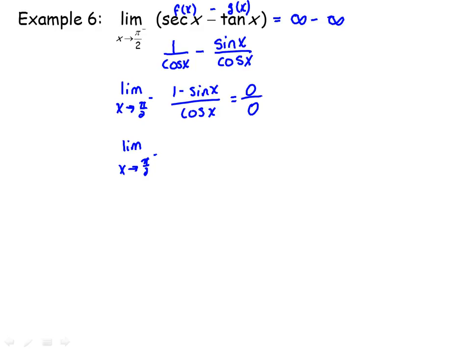The derivative of 1 is going to be 0, so that's the derivative of sine x. You do have a negative there, so you're going to have negative cosine x. The derivative of sine x is cosine x, but you have the minus sign there, so you have minus cosine x. And then the derivative of cosine x is negative sine x. So they're going to turn out to go away anyway, but still.